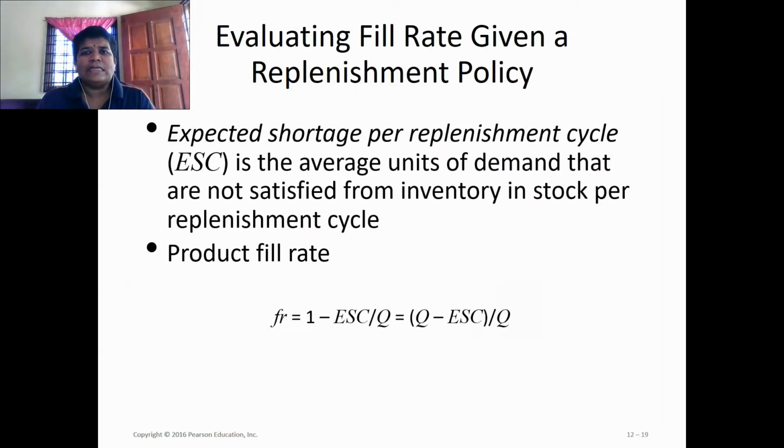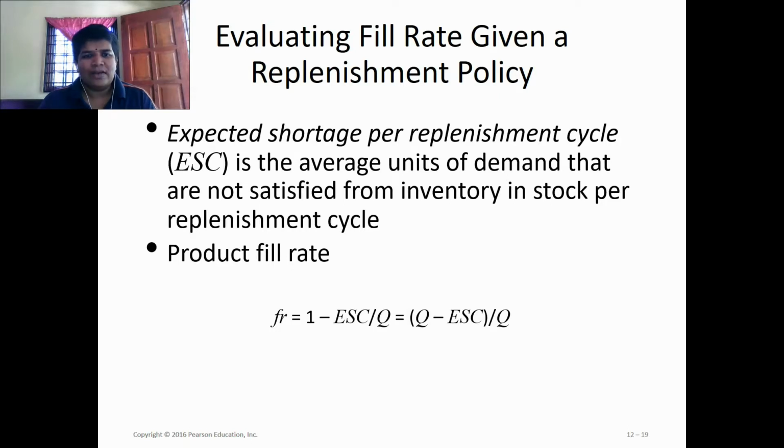Evaluating fill rate given a replenishment policy. Expected shortage per replenishment cycle, ESC, is the average units of demand that are not satisfied from inventory in stock per replenishment cycle.